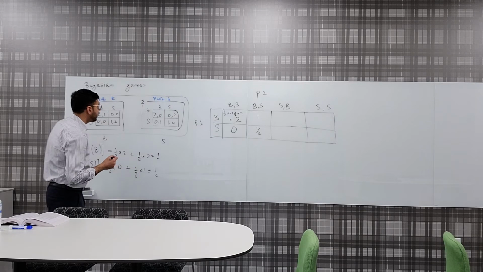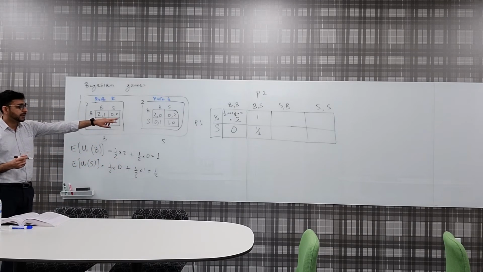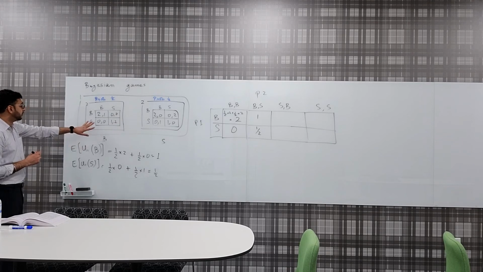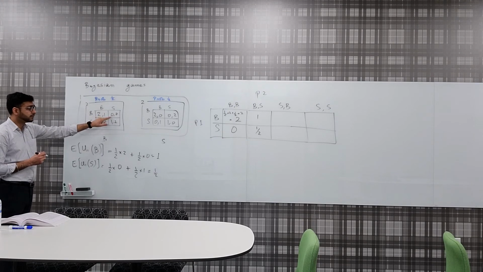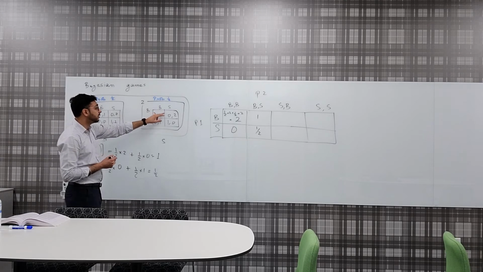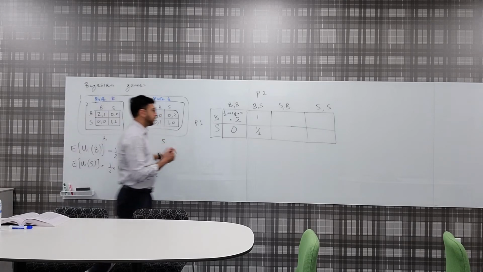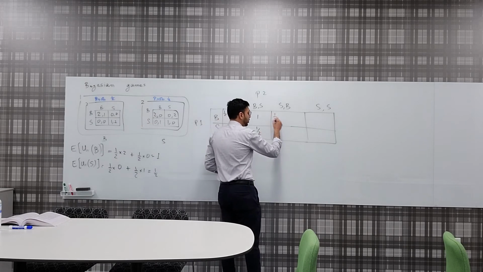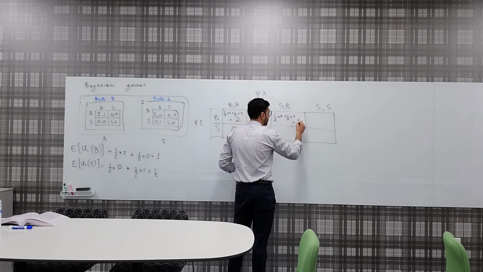Against SB, so here the first type of player 2 is playing S, the second type is playing B. So if I play B against that as player 1, with the probability 1/2 I earn this 0, and with the probability 1/2 I earn this 2. So that is 1/2 times 0 plus 1/2 times 2, which is equal to 1.